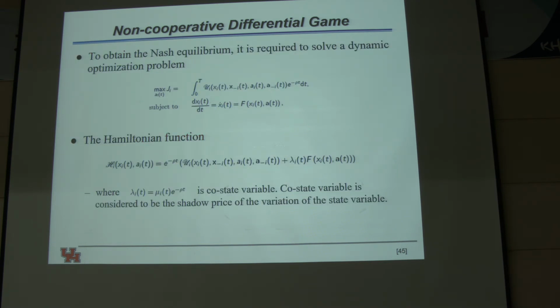And then, okay, we try a non-cooperative game. Basically, this is the ODE, and this objective function depends on your control and your state, and all the others' state and all the others' control. And then you do this type of thing.